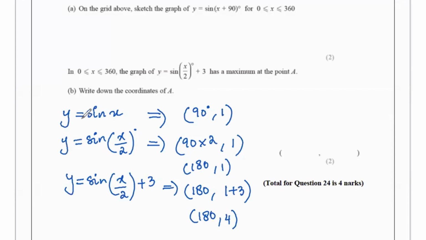If something is multiplying the angle, then you divide the x coordinate by that value. If something is being added to y, you move that many units up. And if something is being subtracted from y, you move that many units down. So 180 and 4 is your maximum point on this curve.